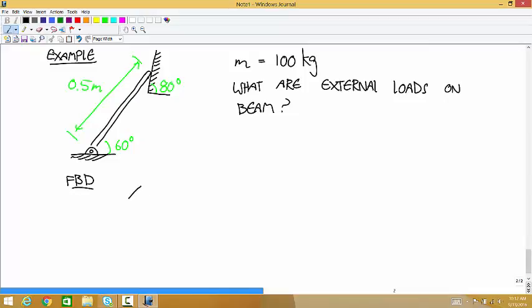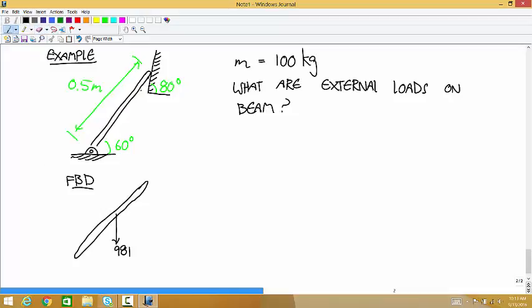So here's an outline of the body. There's a weight force applied to the beam at the center that's equal to 100 times 9.81, so 981.